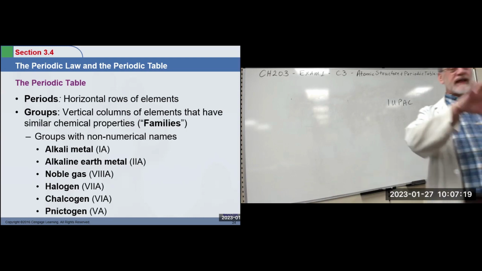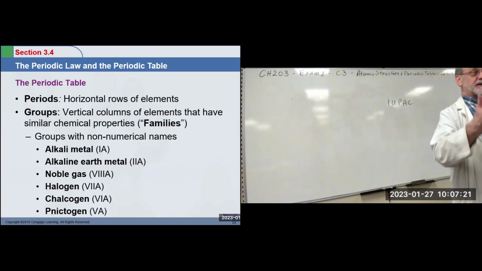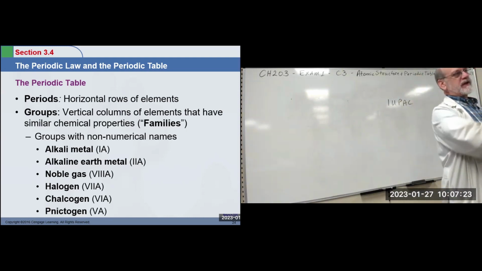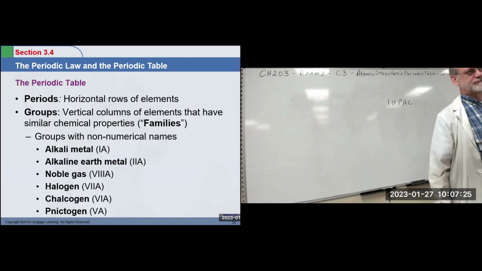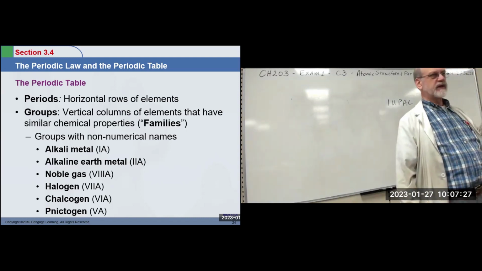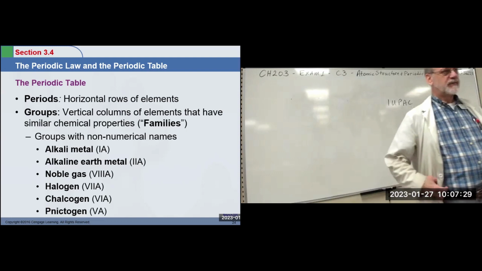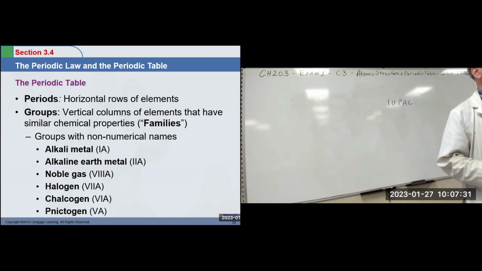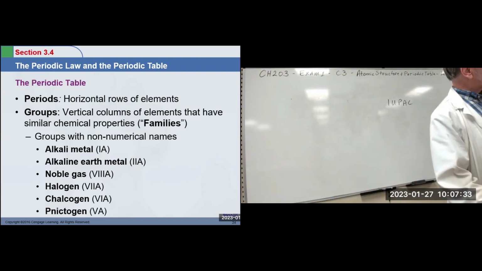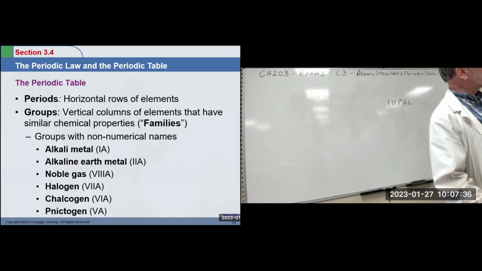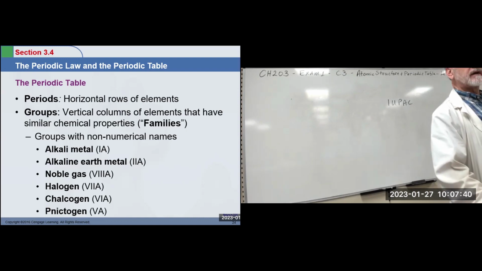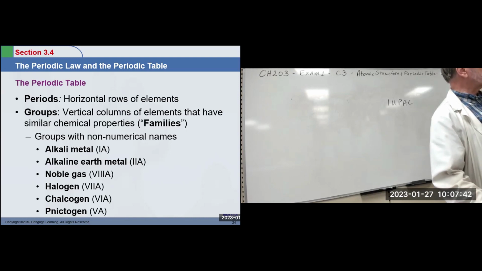But when you're filling out that table, that extra credit, 1 through 18 is the one that I asked for. I have some students put the other one in there too. That's fine. Be sure you get the 1 through 18 in there though. And then notice down the left-hand side, the periods are numbered from hydrogen 1, lithium 2, sodium 3. They're labeled down to 7 periods across.